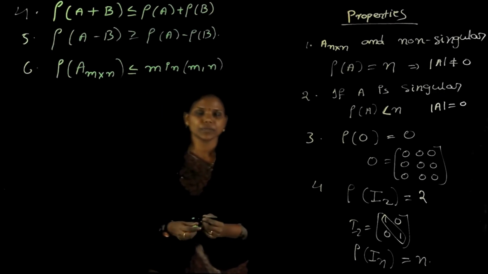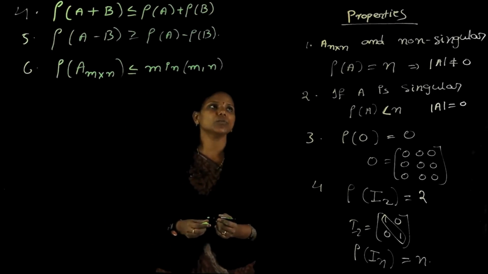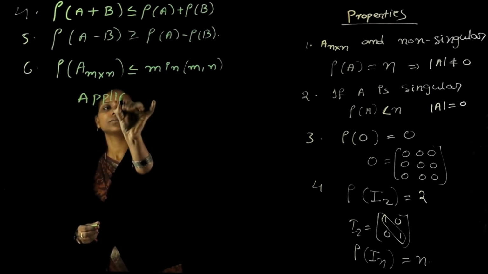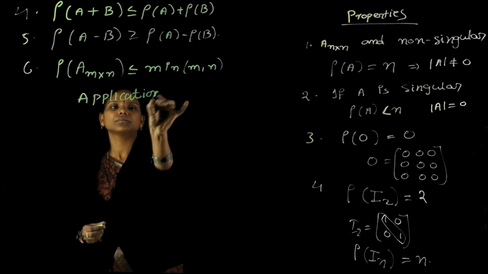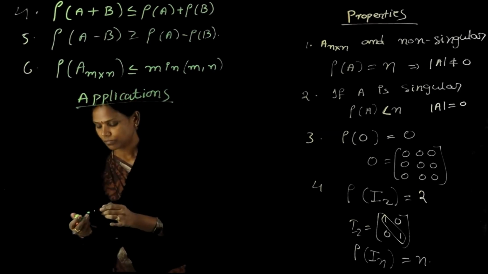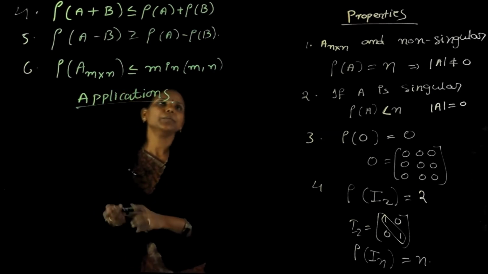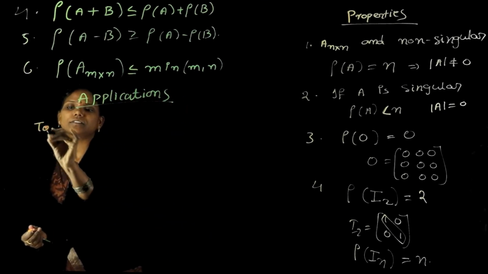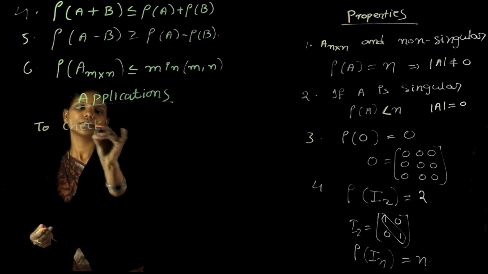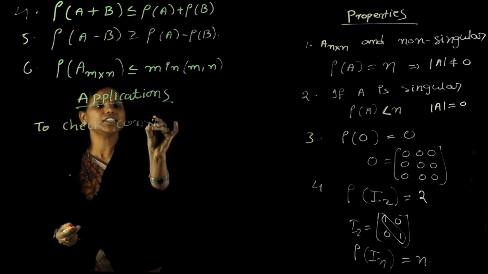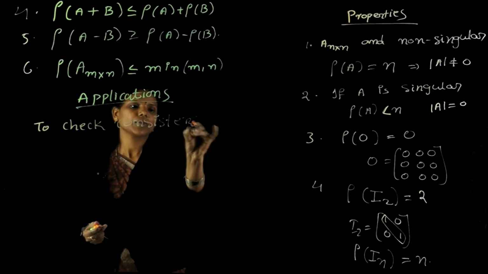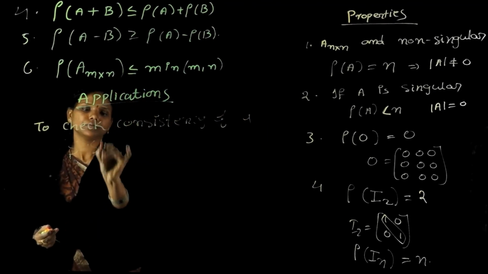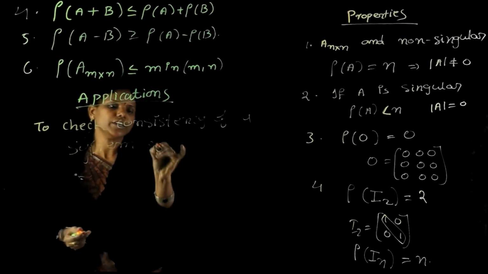Now let us see some important applications of rank of a matrix. So very good important application we have, that is to check consistency of a system of linear equation.